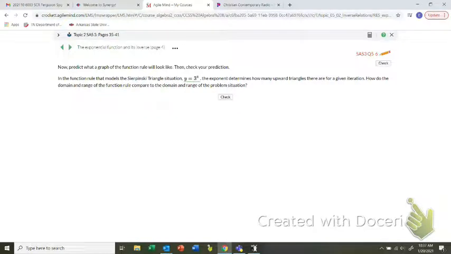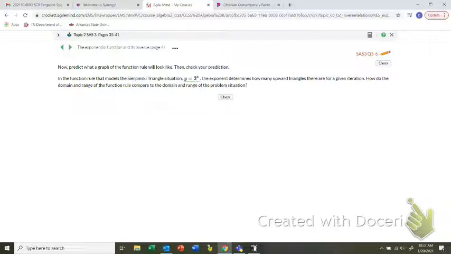If you go to number 5, I want you to predict what your function rule would look like. Okay, so look at your values. Everything is increasing, and it's increasing by more and more each time.